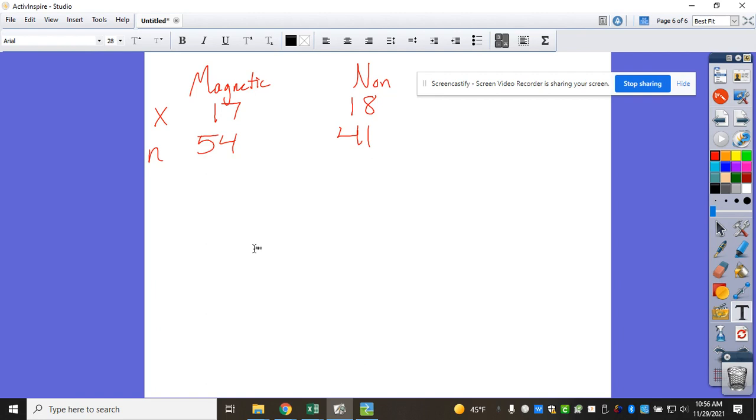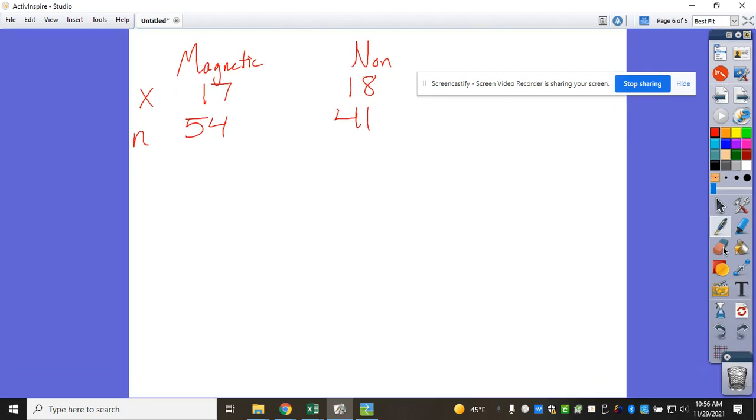Okay, on our test, do you want us to write the equation and then fill in all the stuff, or just write the equation? Okay, so for this one, it would make sense to be M and N. This is P hat M is 17 over 54. This is P hat N. What else would I need up top?